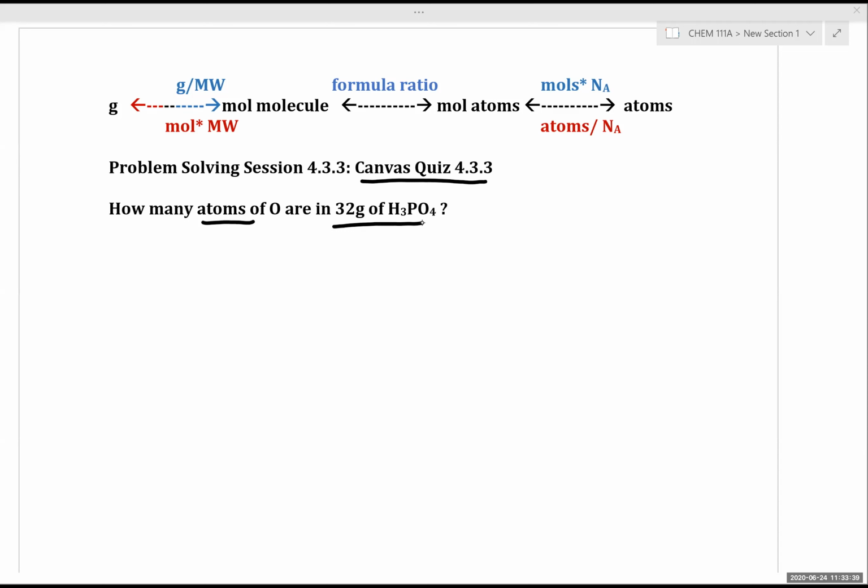In Canvas, I changed the number so that it allows you to enter the number more easily. I just changed the magnitude.